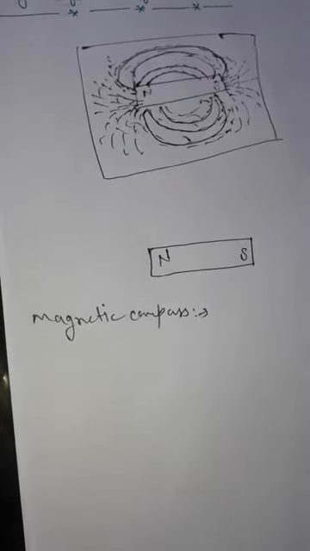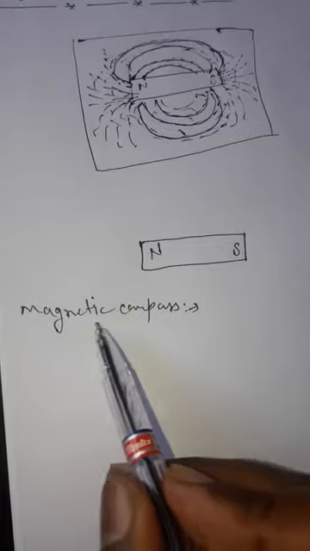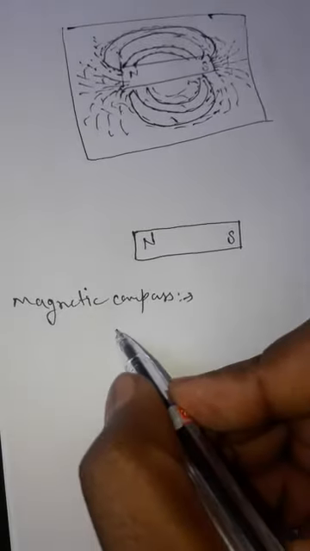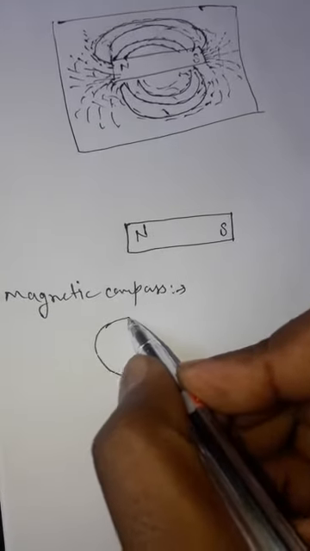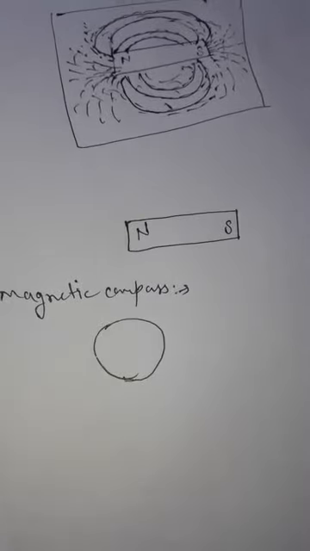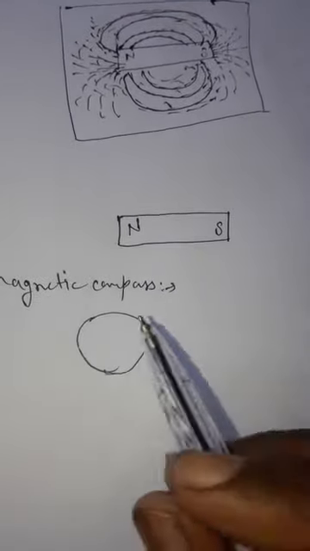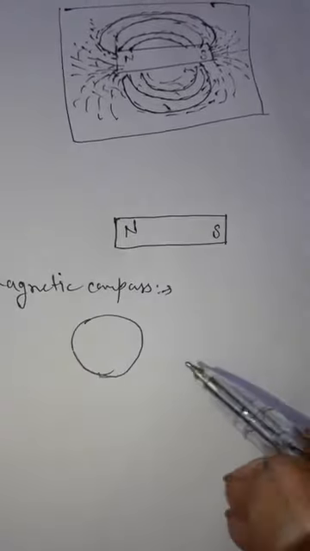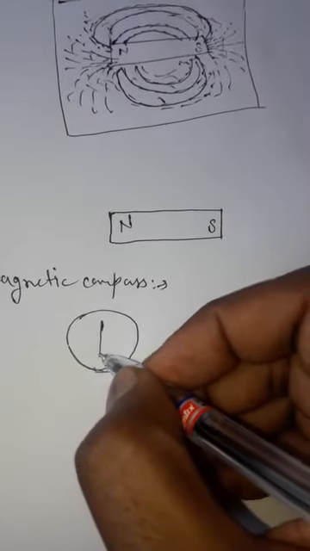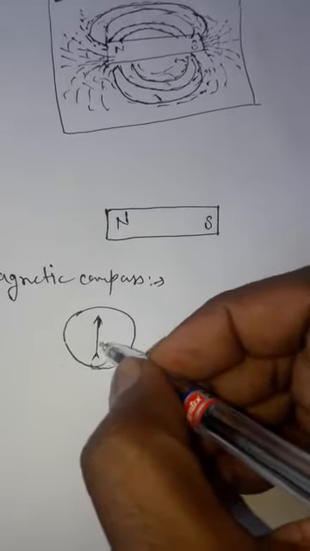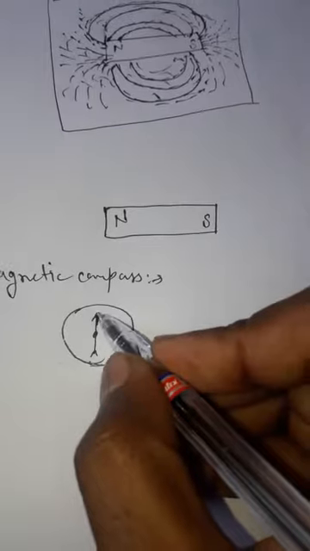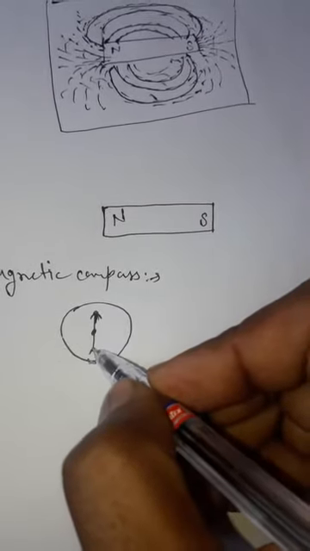First of all, let us discuss something about a magnetic compass. A magnetic compass is basically a device having a circular or rectangular box covered with a glass plate. In this box there is a needle pivoted at the center, and this needle has two ends.